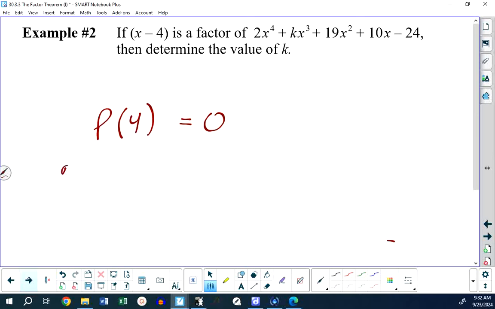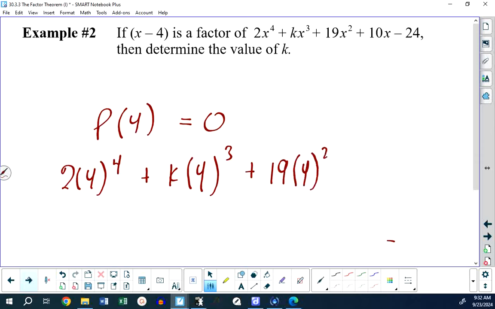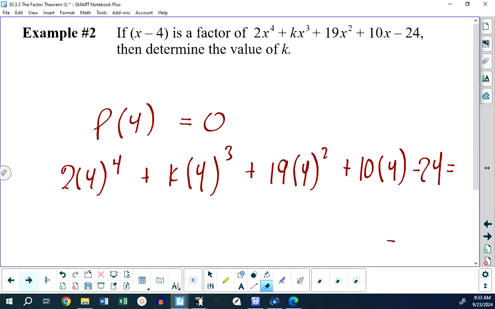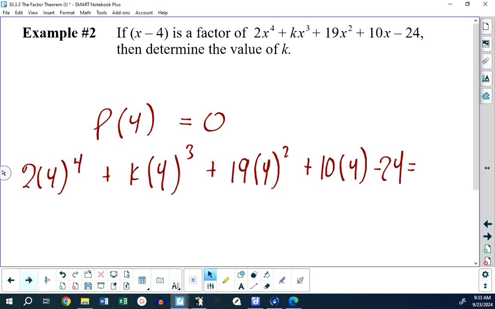So I'm going to have 2 times 4 to the 4 plus k times 4 cubed plus 19 times 4 squared plus 10 times 4 minus 24, and this is going to be equal to 0. And I'm going to double check all of my entries and coefficients and all of that. 2 times the input to the 4, k times the input cubed, 19 times the input squared, 10 times the input, and 24.